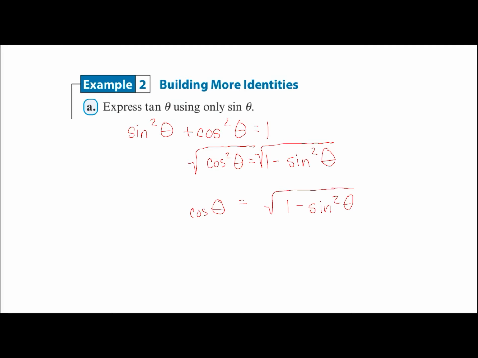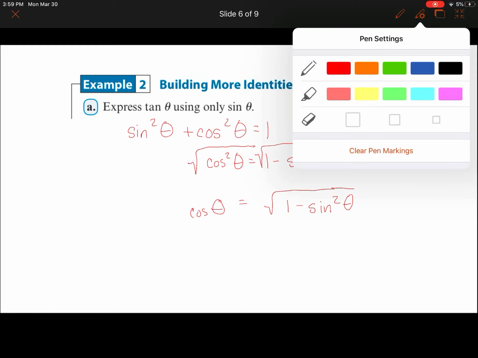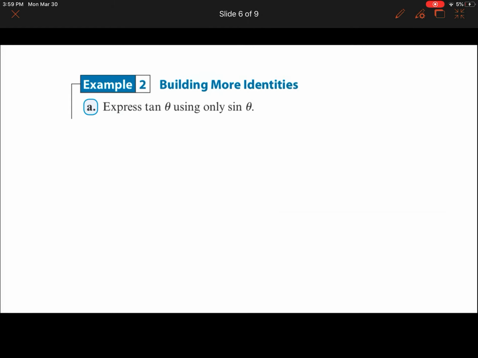It feels like I should be done with this one, but I'm not. I'm running out of room. Hopefully you have this part written down, because I'm going to flip my screen and clear this out. If you don't have it, make sure that you pause it and get that written down.